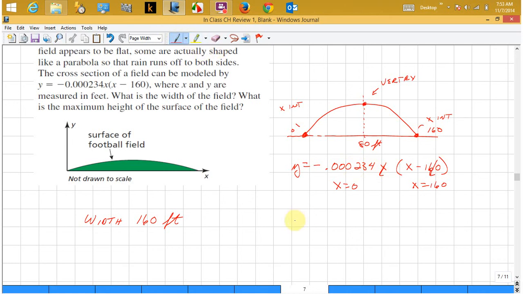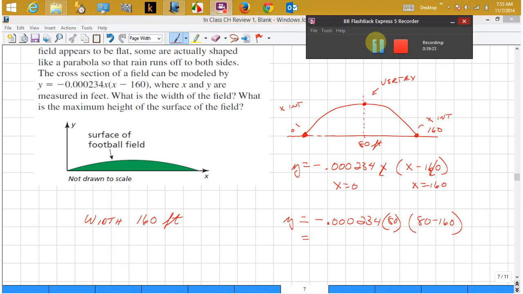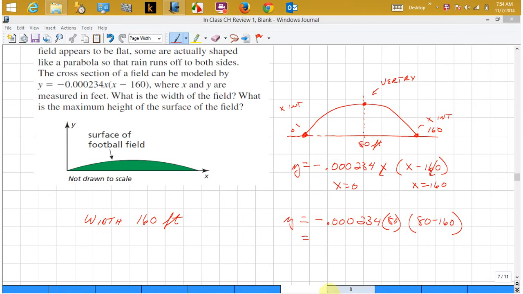Let's go ahead and write it. y is equal to a negative 0.000234 times 80 times 80 minus 160. So all I've done is substitute 80 in, and what I got was 1.5 feet. Okay, so this vertex would be 80, 1.5. So the football field is domed such that it's up 1.5 feet higher in the center.